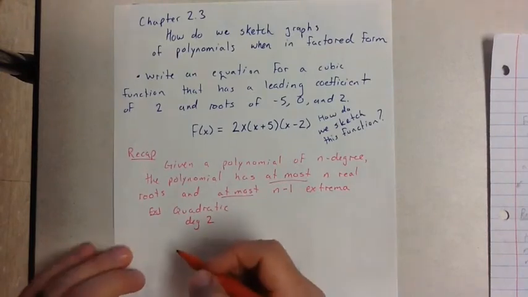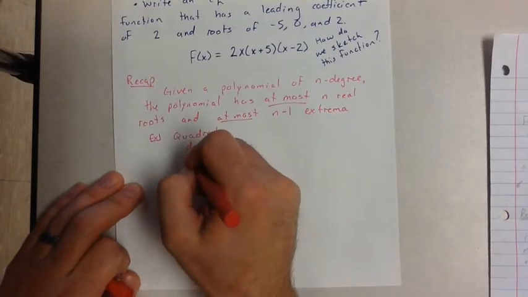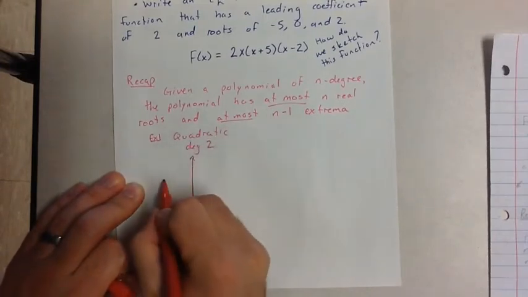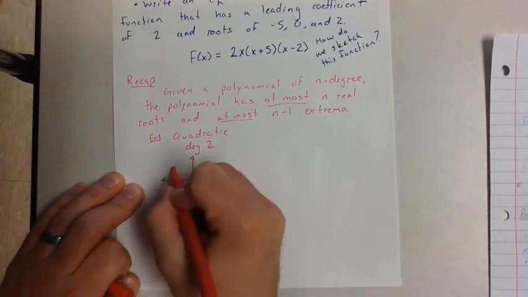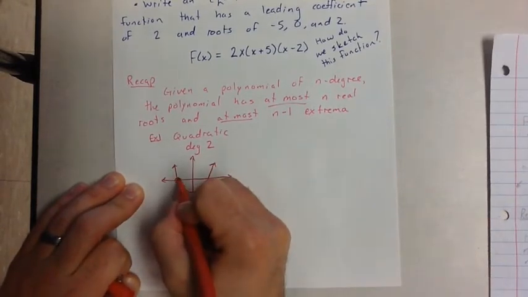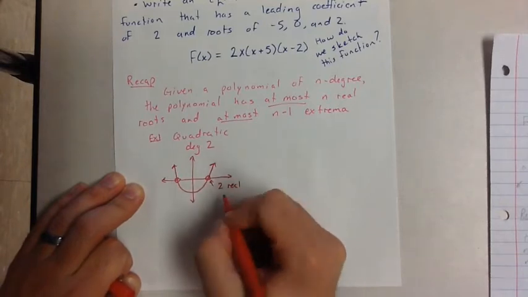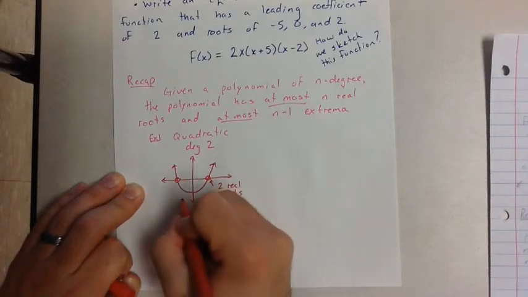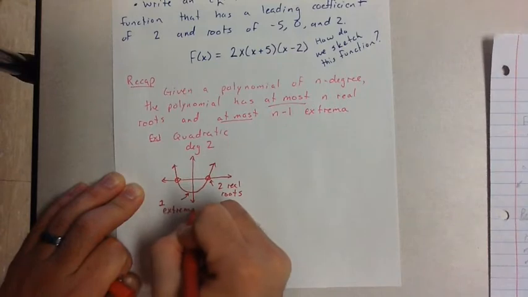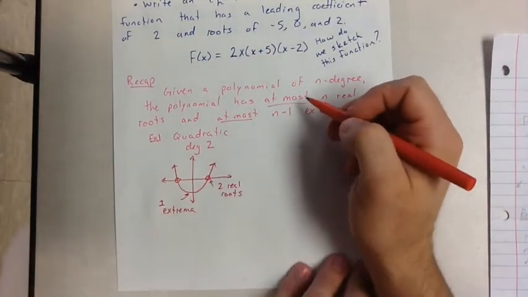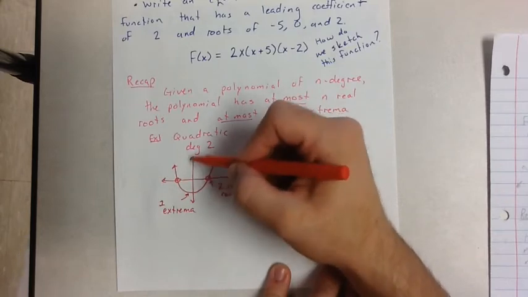If we think of a graph of a quadratic function, we see that we have 2 real roots and 1 extrema.